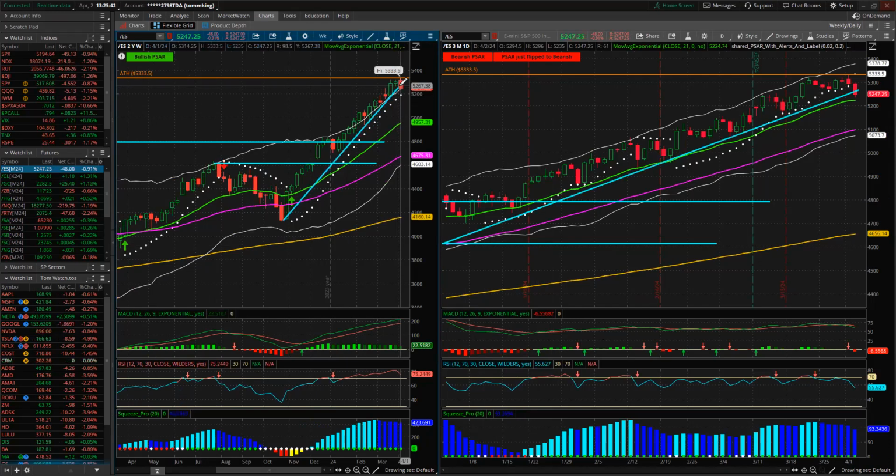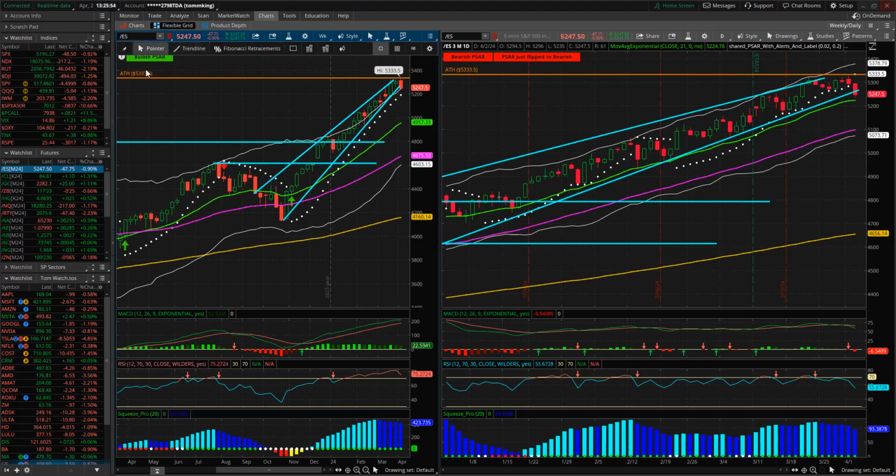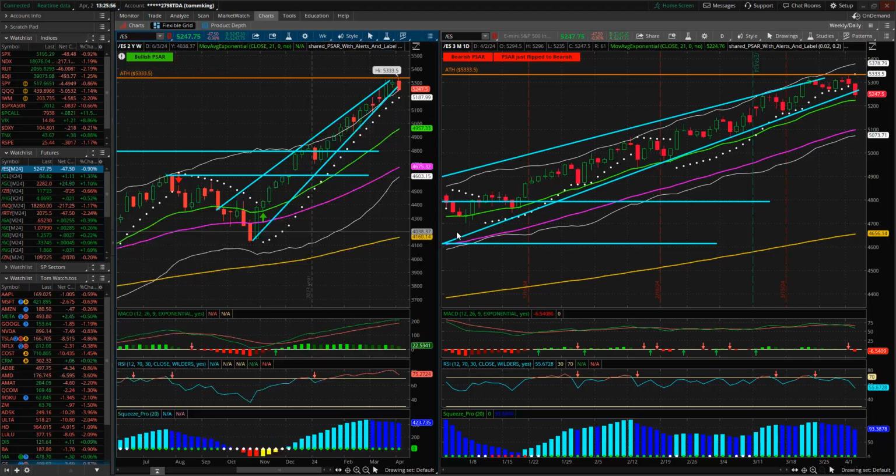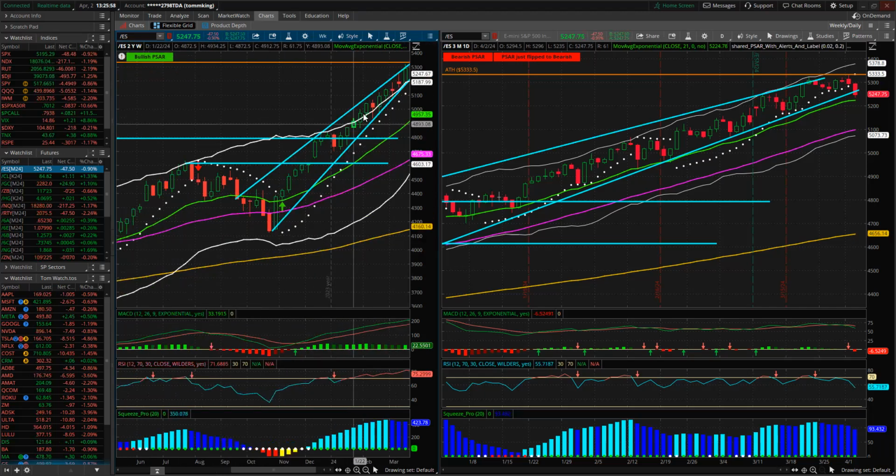So this is the weekly. Let's connect the weekly, and I'm also going to look at something along this line. This is the weekly chart. We've been definitely rising up, but in reality this is a rising wedge pattern.